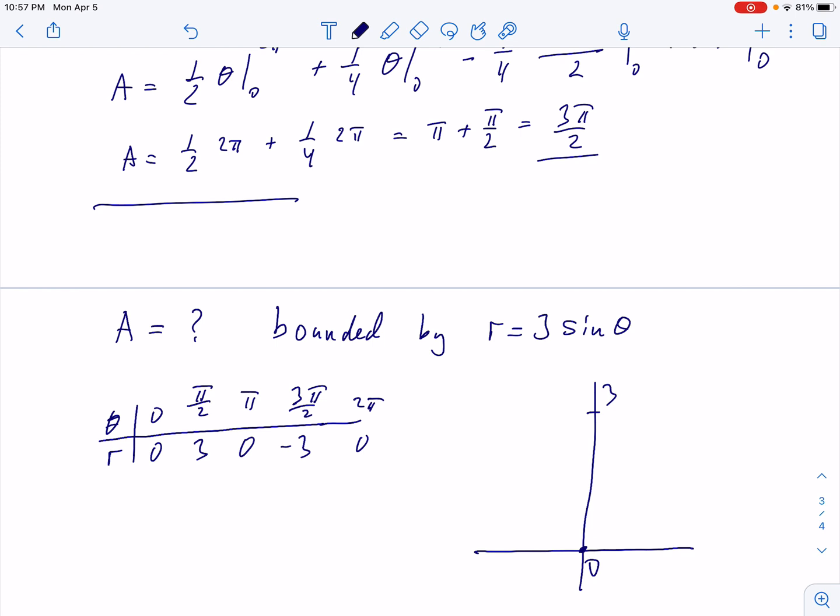So we have such behavior. Angle is moving between 0 and pi over 2. Radius goes from 0 to 3. Then we're moving the angle towards pi. The radius goes to 0 again. Something like that.